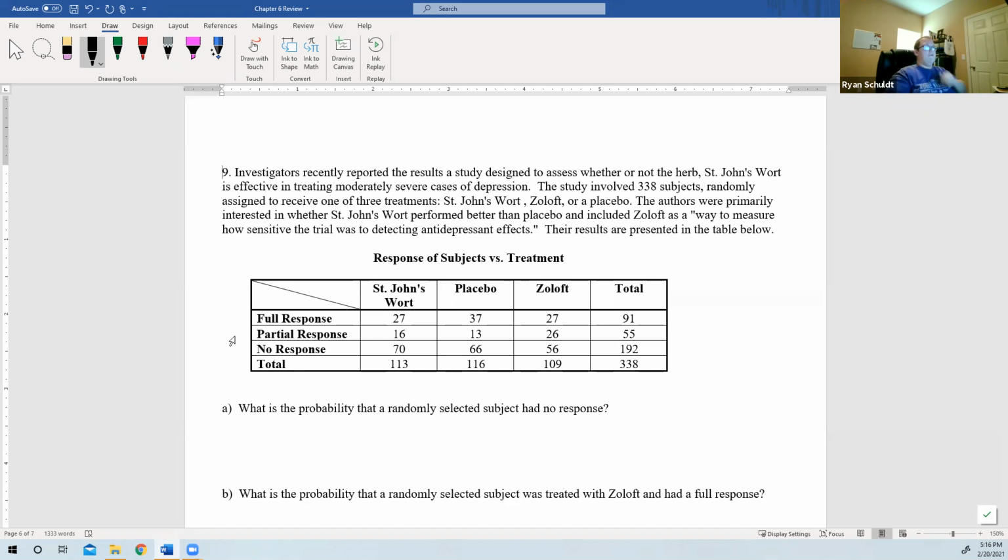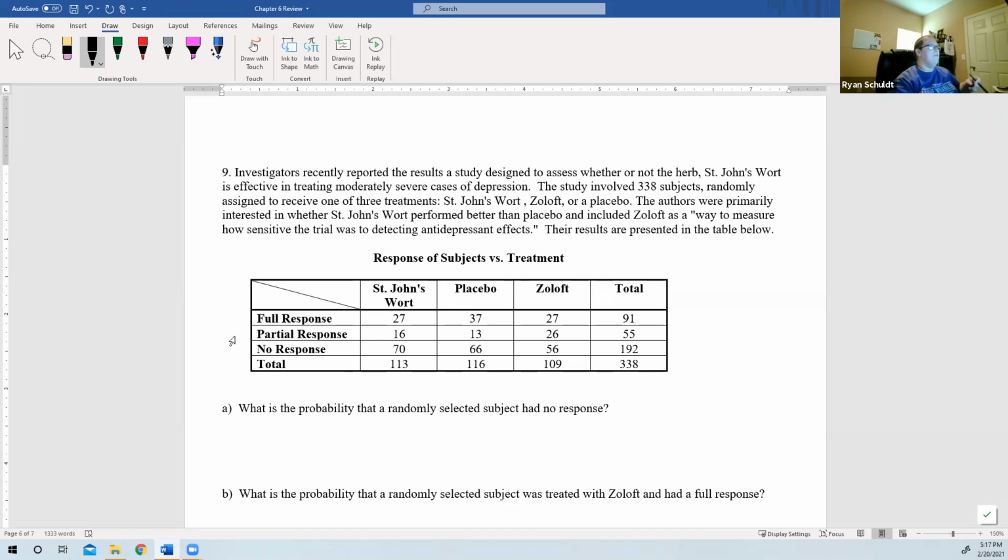The study involved 338 subjects randomly assigned to receive one of the 3 treatments: St. John's wort, Zoloft, or the placebo. The authors were primarily interested in whether St. John's wort performed better than the placebo and included Zoloft as a way to measure how sensitive the trial was to detecting antidepressant effects. The results are below.